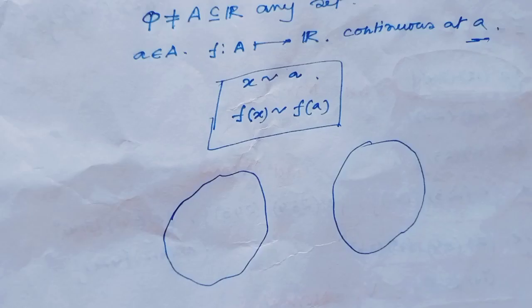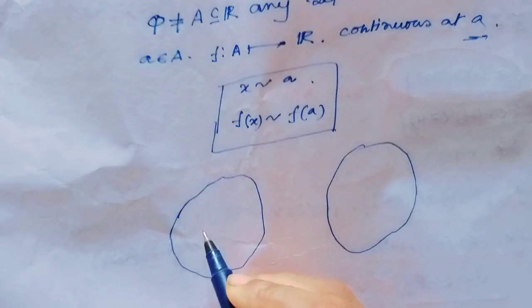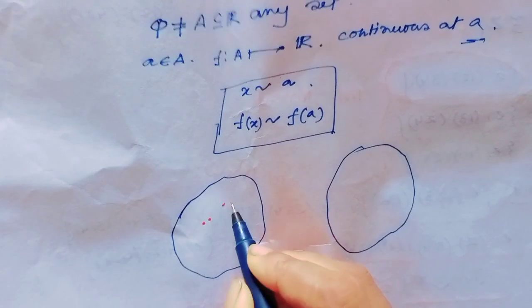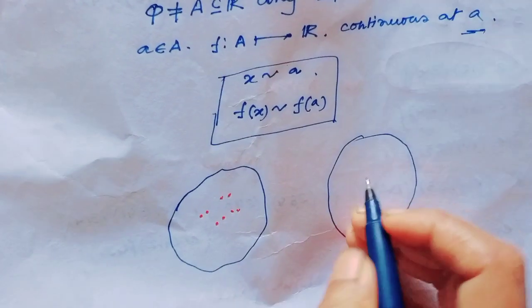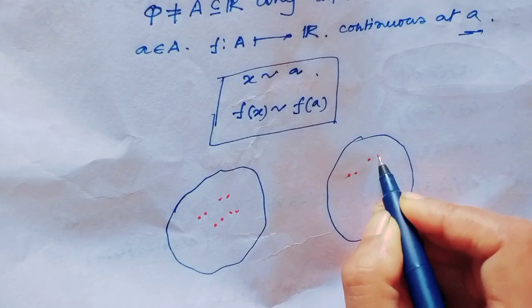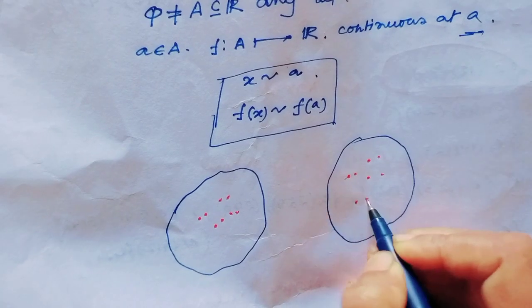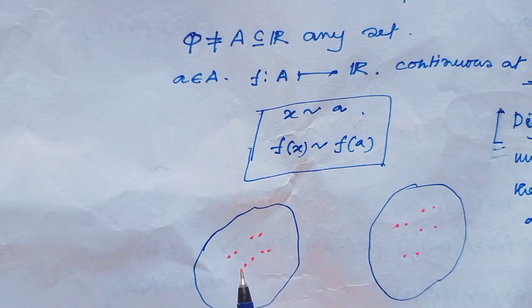But uniform continuity means the points which are close to each other imply their images are also close to each other. This is actually the difference between continuity and uniform continuity.